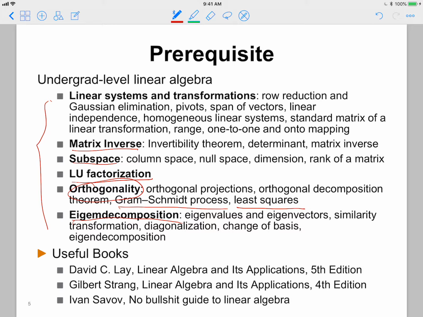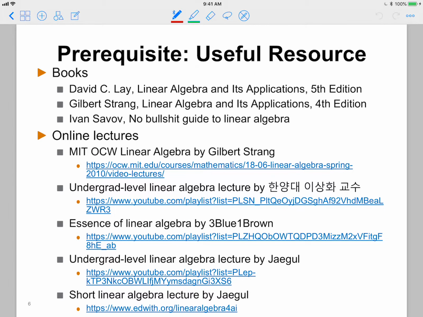These are some useful books. If you haven't studied enough linear algebra at an undergrad level, I suggest you check out these video lectures and catch up on these materials as soon as possible.